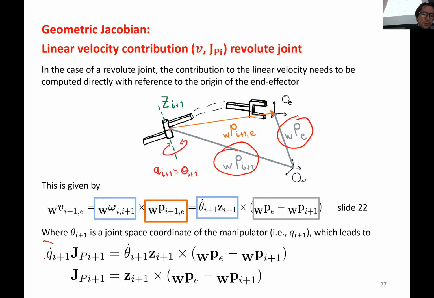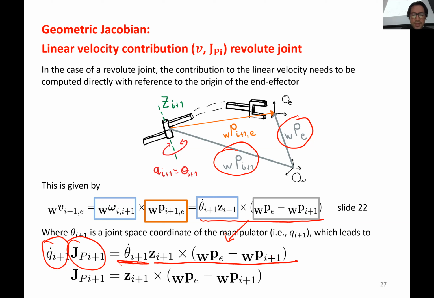Remember, again, we want to have q dot and the element of the Jacobian matrix, and then I'm just replacing what we're seeing here. What we see here is that this q i plus 1 is equivalent to the joint space variable, which is this one, and our Jacobian becomes this vector right here, which is the cross product of the axis of rotation z i plus 1 and this position vector over here.